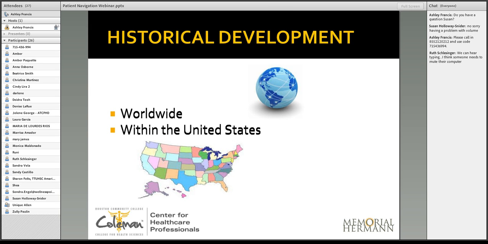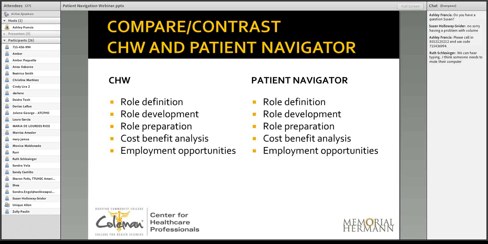From the historical information that we've just briefly reviewed, we've been introduced to some of the events that have brought these two roles, the patient navigator and the community health worker, into being. So the first thing we want to look at is the role definition for the patient navigator as well as for the community health worker.